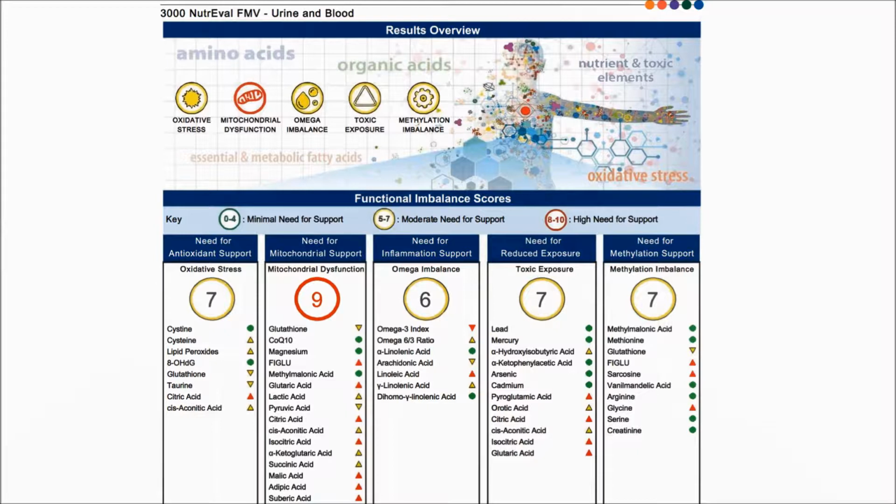Now, the other thing that comes out of this test that you don't see in the image I'm providing you is that from all of this analysis, they also recommend exactly how much, for example, vitamin B12 you might need as a dosage in your multivitamin. It also tells you how much of all of the different B vitamins, how much vitamin C, how much magnesium you should be on, whether you need digestive enzymes.